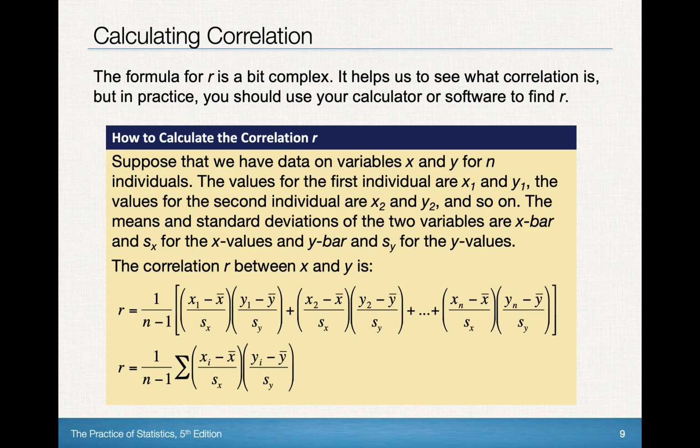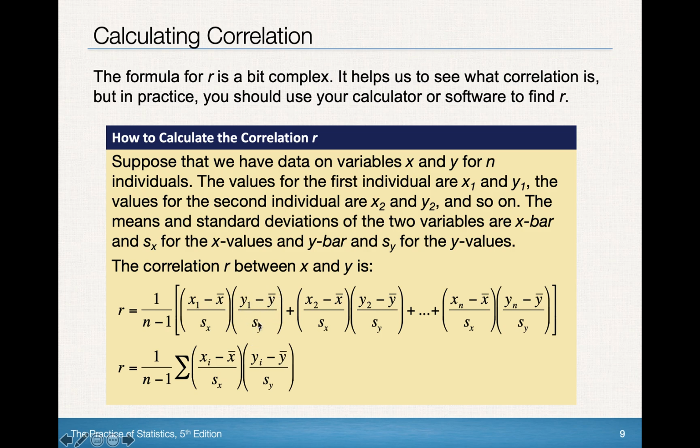If you look at every individual term, you see x1 minus x bar over s of x multiplied by y1 minus y bar over s of y. That formula should look very familiar. What you're doing is you're finding the z-score of every x value and the z-score of every y value.